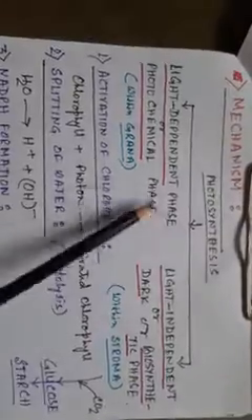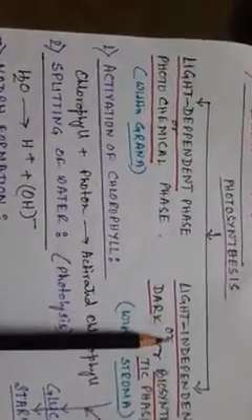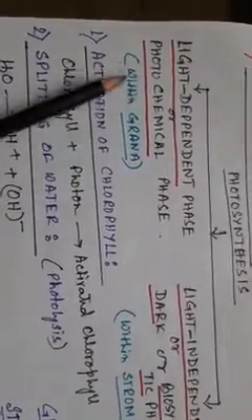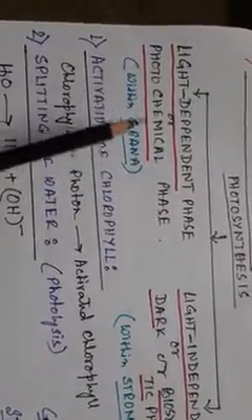Write it down. Next, we will learn the process of photosynthesis. Now the steps, the mechanism of photosynthesis. Photosynthesis occurs in 2 separate sub-phases. One is the light dependent phase, or photochemical phase, or light phase.